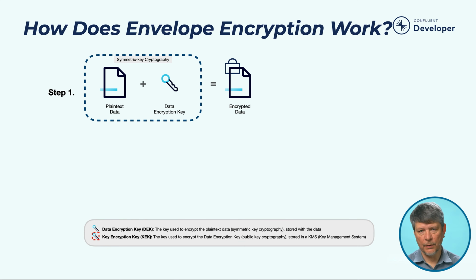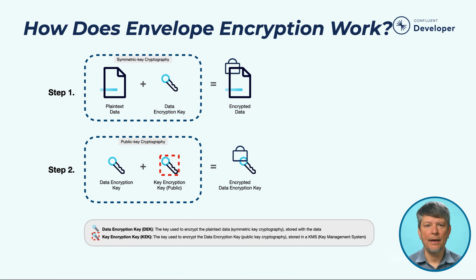First things first, encryption. The data is encrypted with a data encryption key, or DEK, using symmetric key encryption. This data encryption key is just a randomly generated key used only for this data, keeping the encryption fast and efficient. Next, the data encryption key itself needs protection, so we encrypt the data encryption key with the public half of the key encryption key, or KEK, using public key encryption.